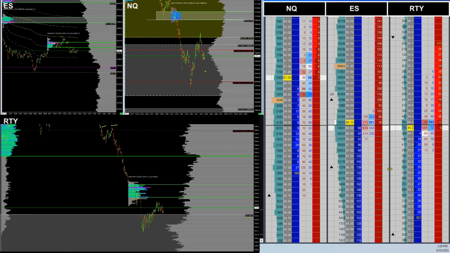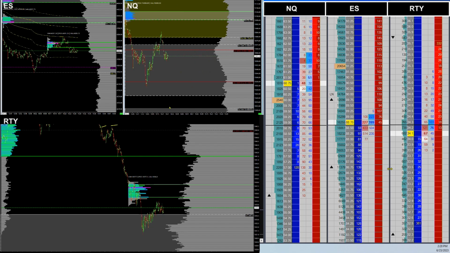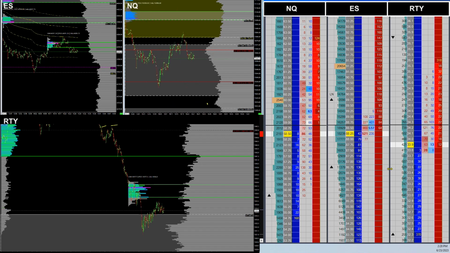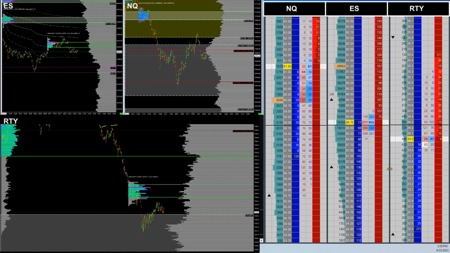I think NQ needs to go down quite a bit. I think it needs to go through the white box. Do want to see what's happening on the profile overall.